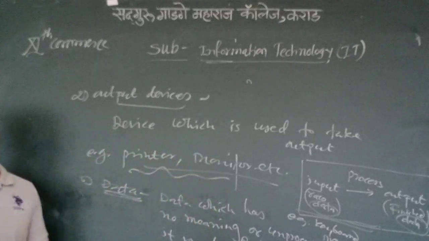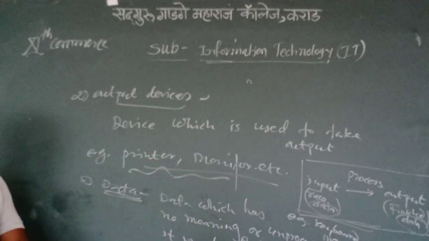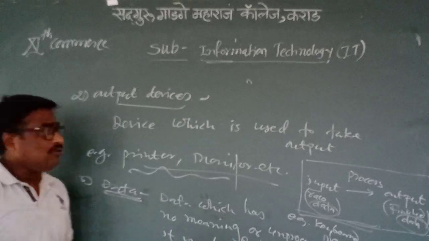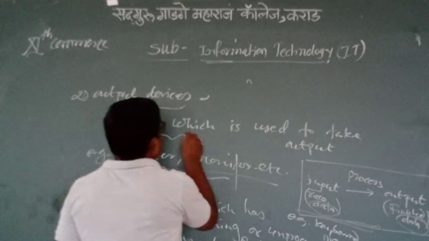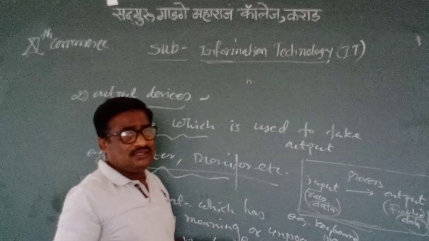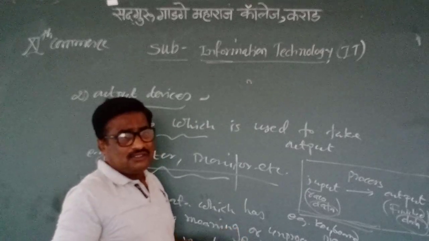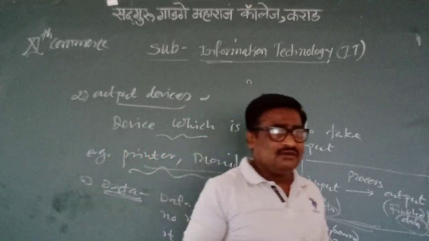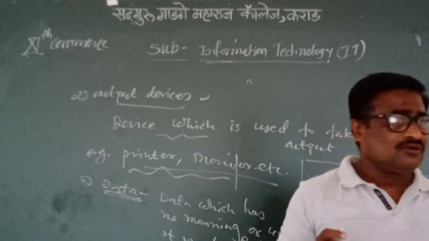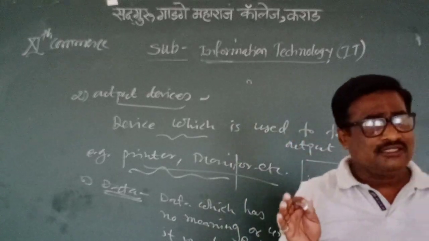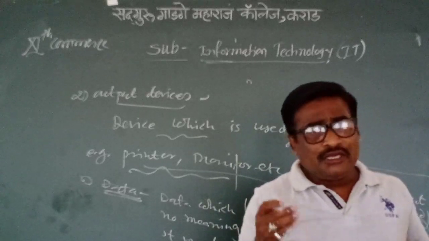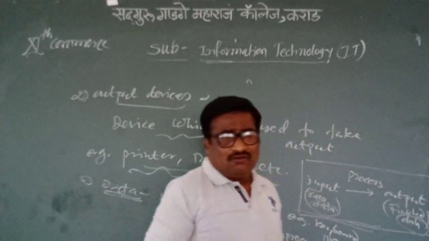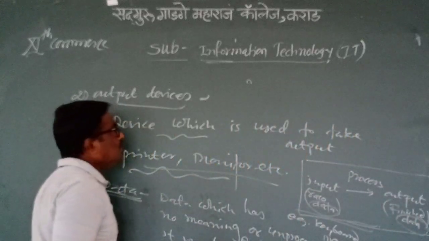Data which has no meaning. It may be fact or figure. Any fact that the student does not understand the meaning of is called a fact. Fact is nothing but something difficult to understand. And figure is any number.